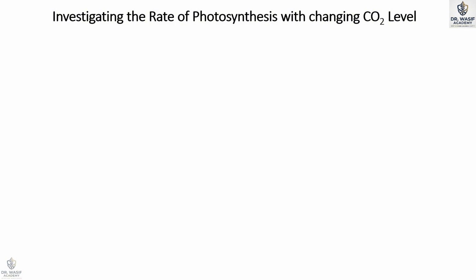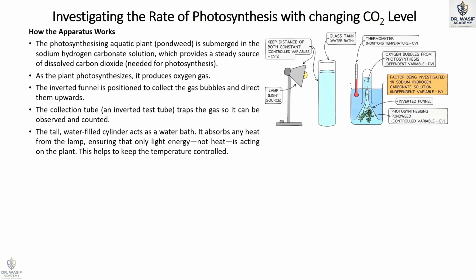Now let's look at the engine of the experiment. We place our aquatic plant inside a solution of hydrogen carbonate. This is not just water. It is a controlled environment that provides a steady supply of dissolved carbon dioxide.